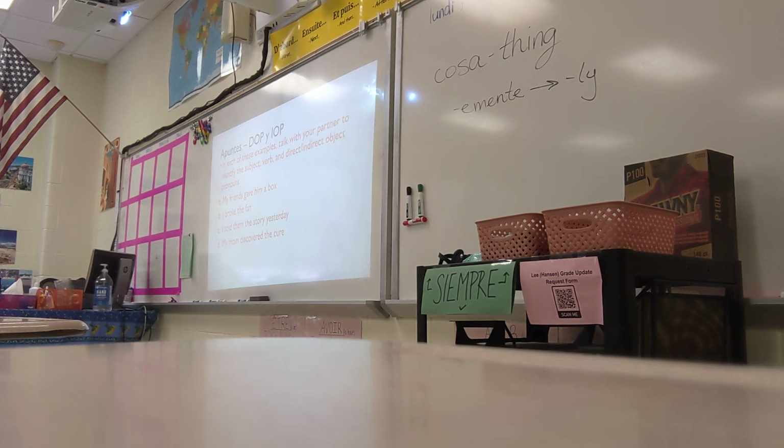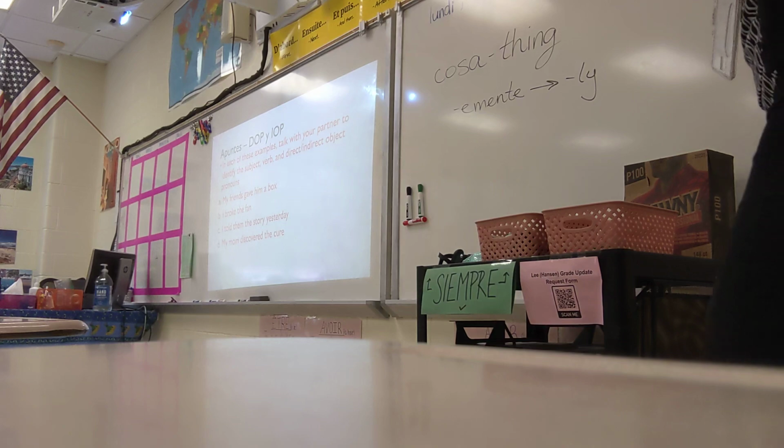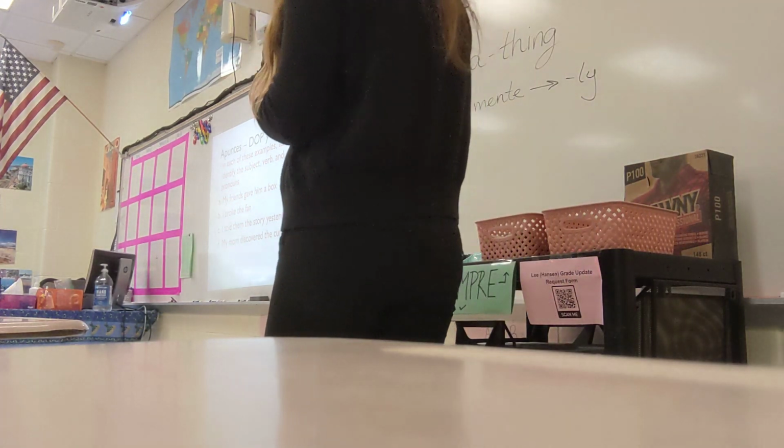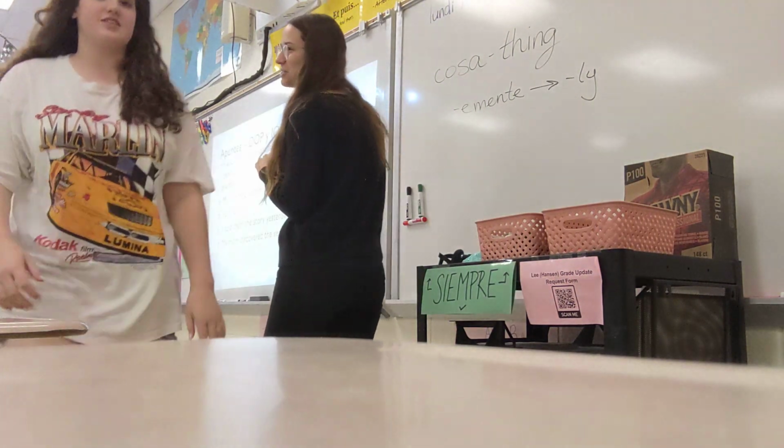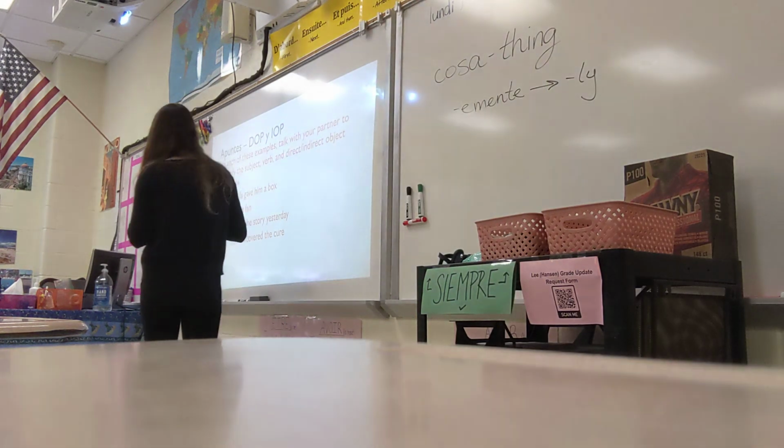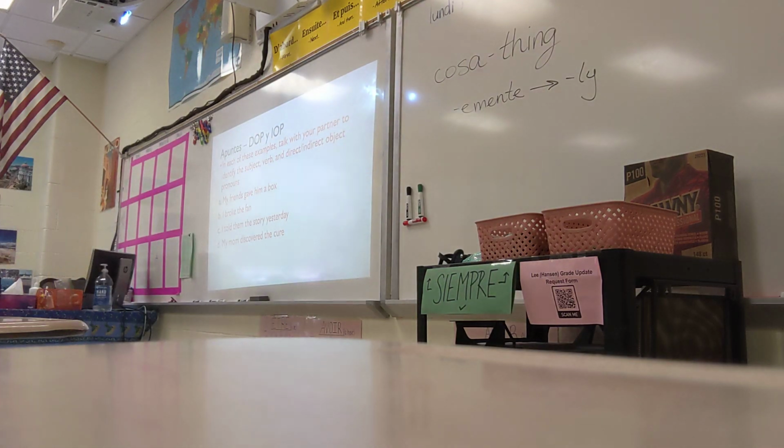Okay, I told this. The yesterday doesn't matter. So the direct object is story, and indirect is this. And then the cure is direct object. My mom's the subject, and I guess discover the cure is direct object. There's no indirect one.